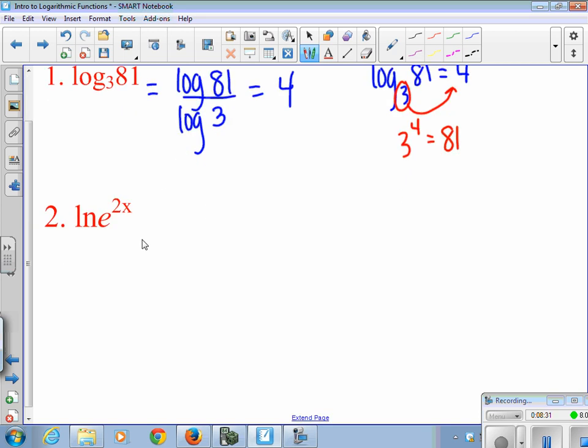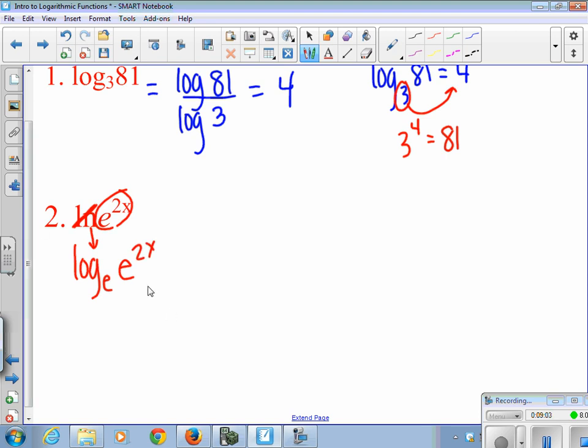Now, number 2 is a little bit different. If you see an LN, it is just a log with a special base. And so an LN is just going to be log base E. If you ever see LN, then this is just telling me that the base of the log is E. And so when I see LN, a lot of times I'll go ahead and rewrite LN as log base E. Okay, so I just changed my LN to log base E. And then I've got the rest of my problem, e to the 2x.